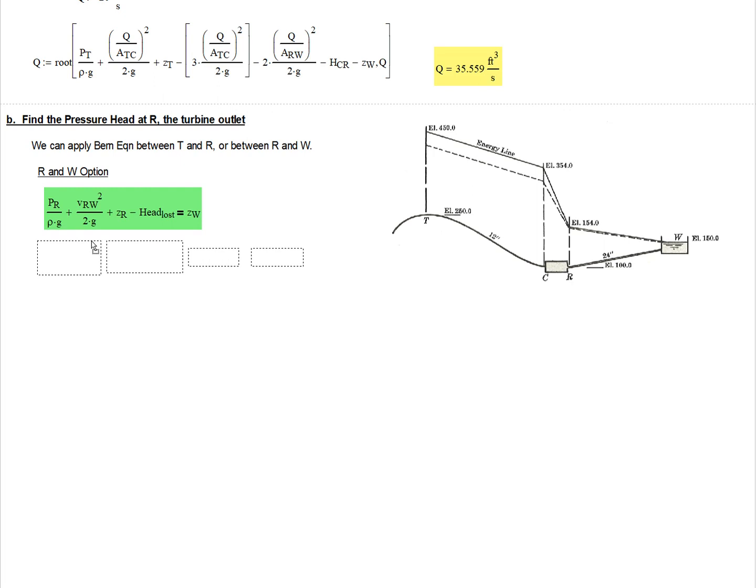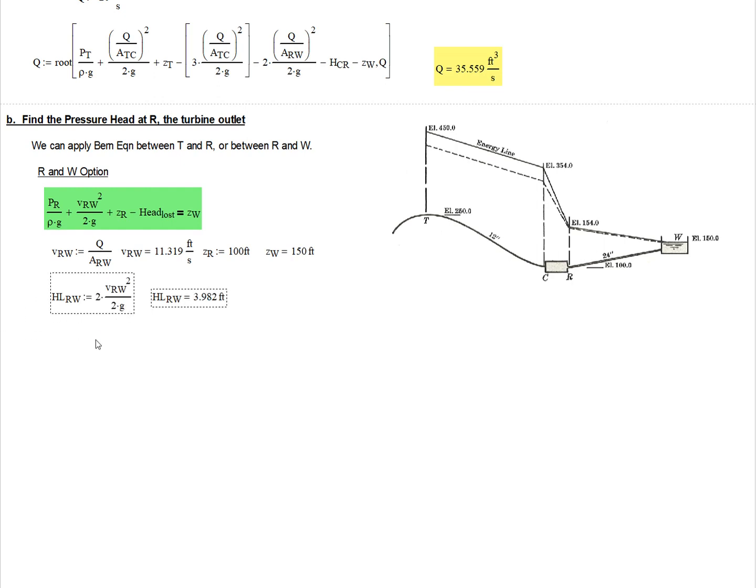We can plug everything in. We know what the volumetric flow rate is, so we can calculate the velocity at R in this pipe. This is our velocity in the pipe, and I'm using the relative difference in elevations, which is 50. Now I can also add in the head loss between R and W. I know what the velocity is, so I calculate the head loss, which is 3.982 feet.